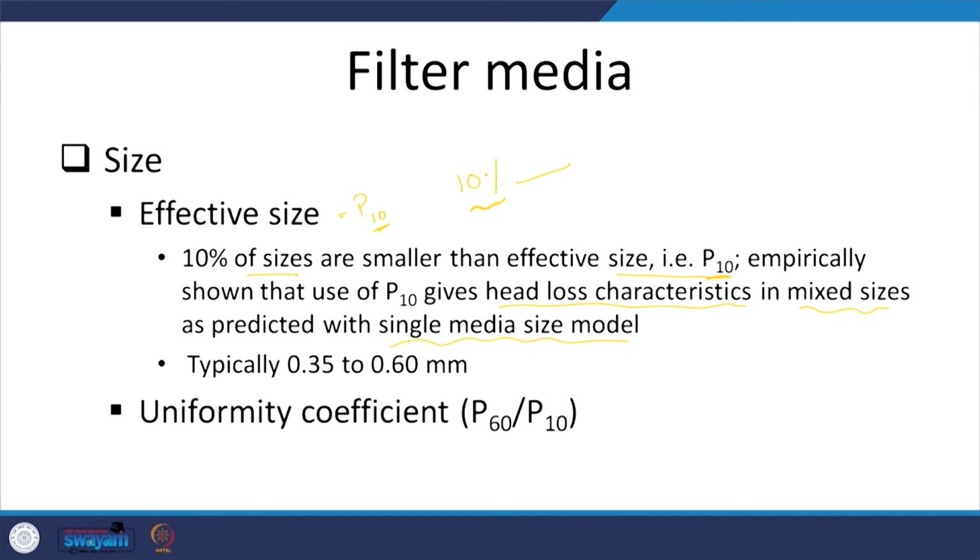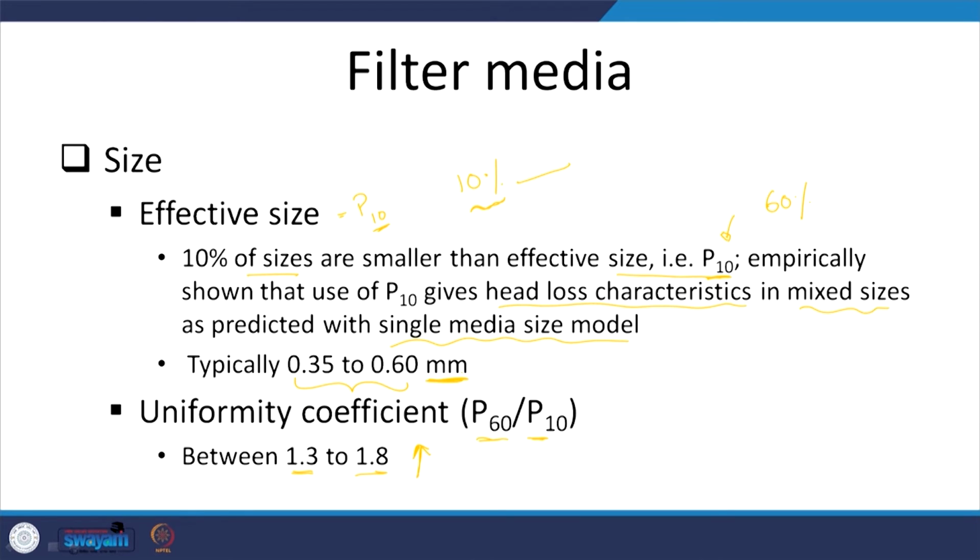And that depends upon P60, measured in the same way as P10, but instead of 10% we look at 60%: P60 by P10, right? And here it is 1.3 to 1.8. If the uniformity coefficient number is too high, that means that the particles are not too uniform, I think that's the understanding here, as in there is great variation. And typically the effective size is 0.35 to 0.6 mm, right?